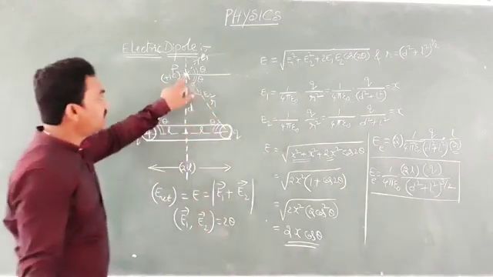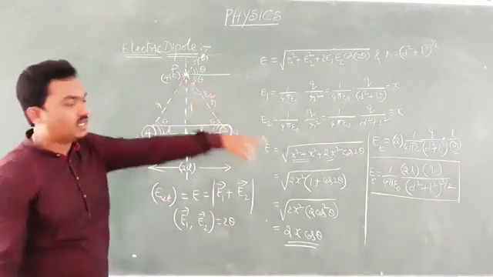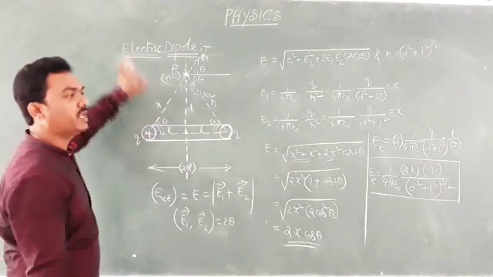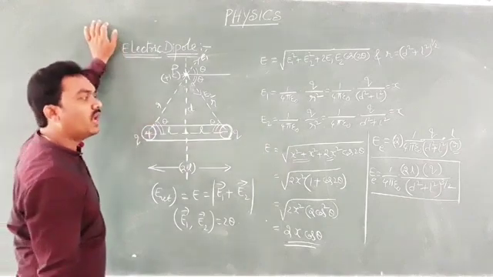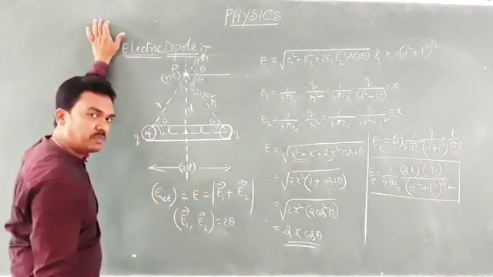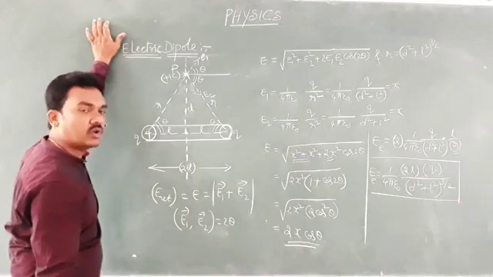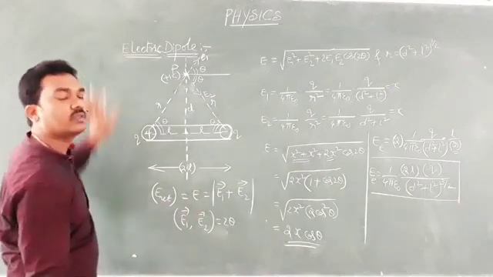The electric field intensity at a point on the equatorial line will be 1 by 4 pi epsilon naught into 2L into Q. Of course, I can write it as P by (D square plus L square) whole power 3 by 2.